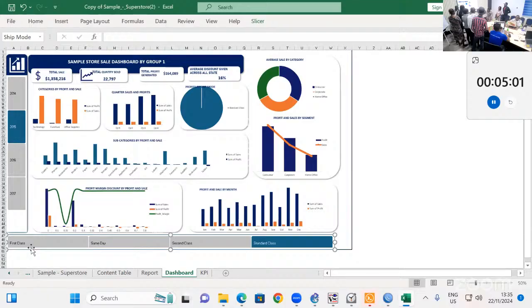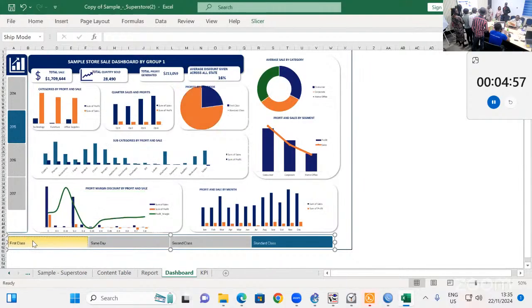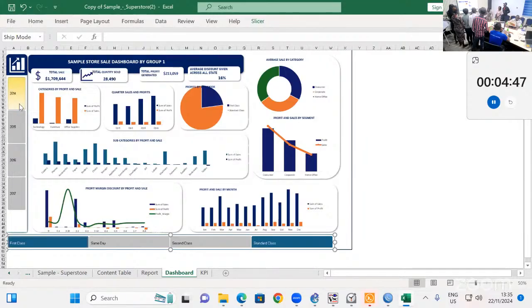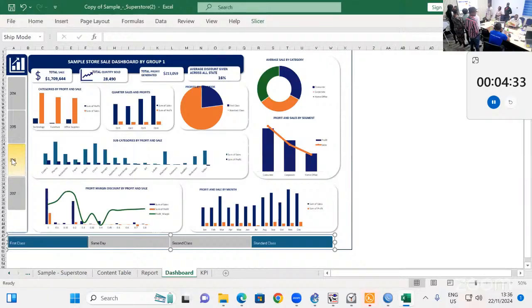I noticed the slicer for the year is only interacting with the profit margin. Yeah, it's only interacting with the profit margin. There's an issue with that. Secondly, your profits by ship mode.